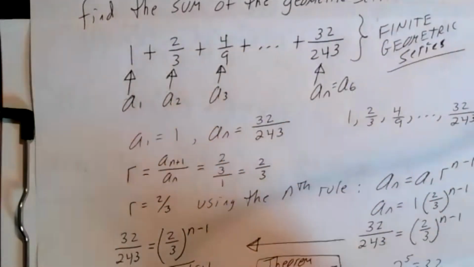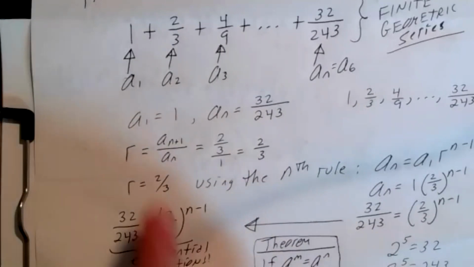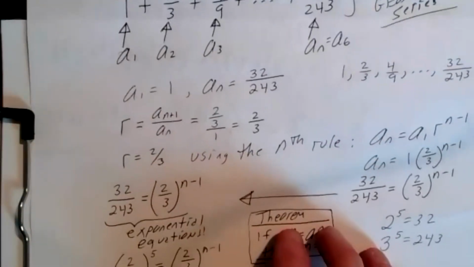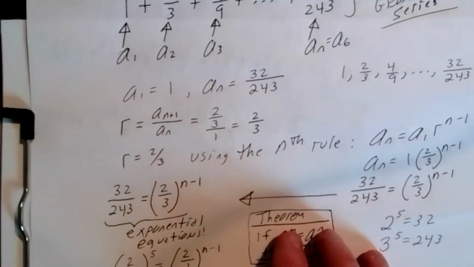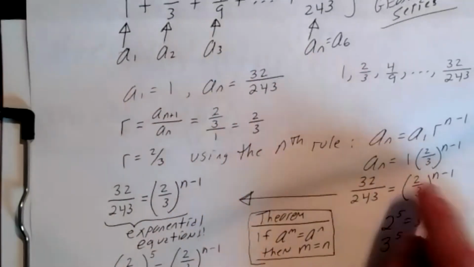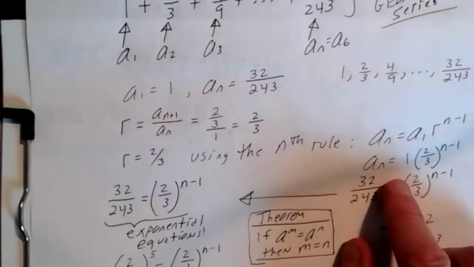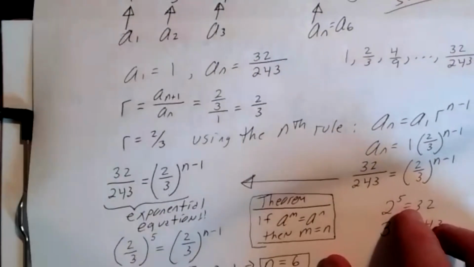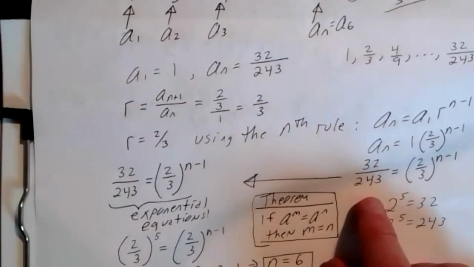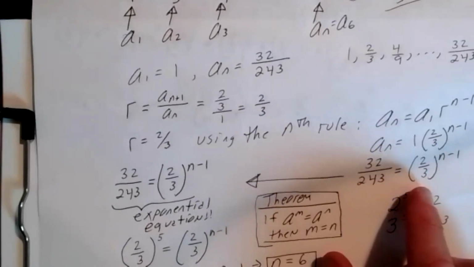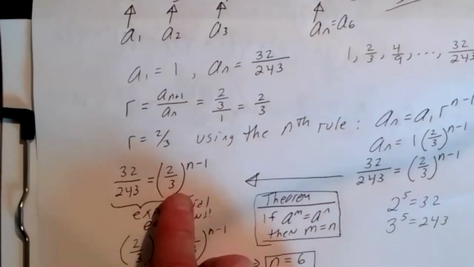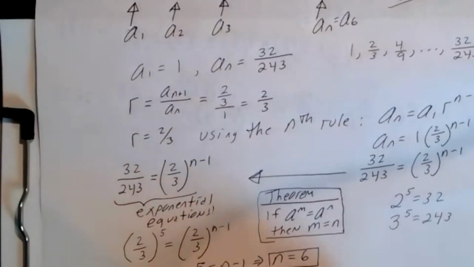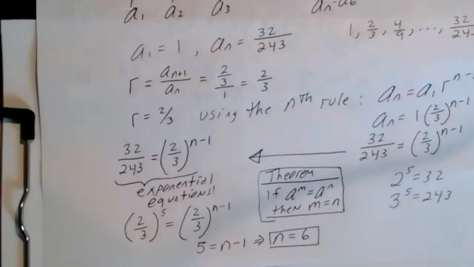So to find what term that was, I determined my first term, my common ratio, and then I used the nth term rule. And the nth term, I let it become the 32 over 243. Then I solved this exponential equation for n to determine that that was my sixth term of my sequence.